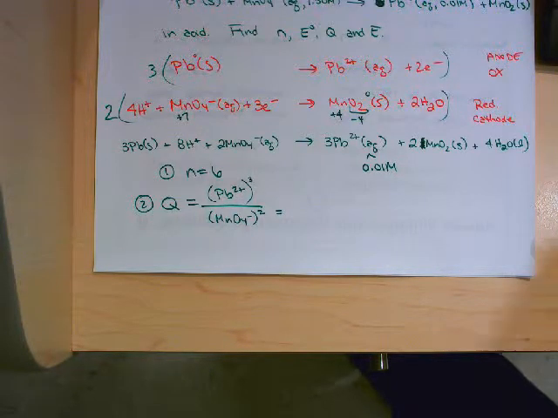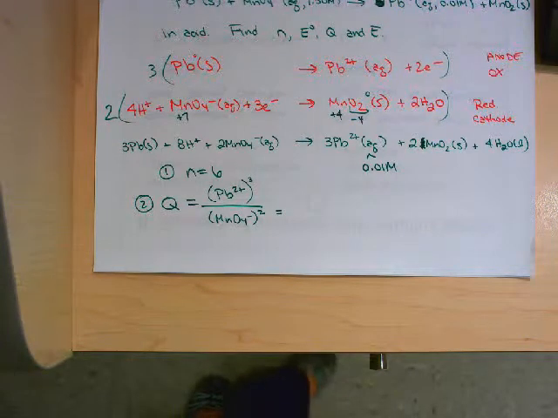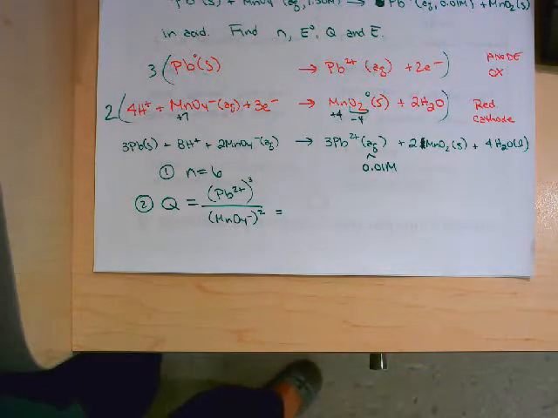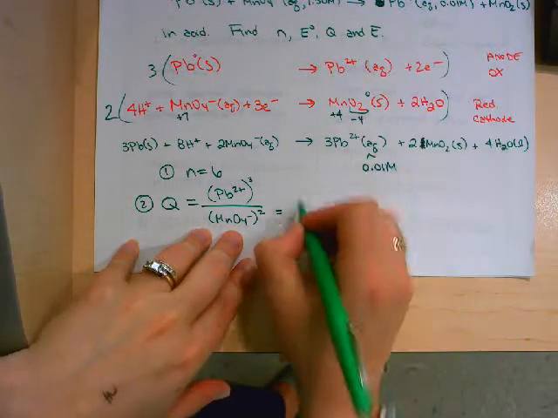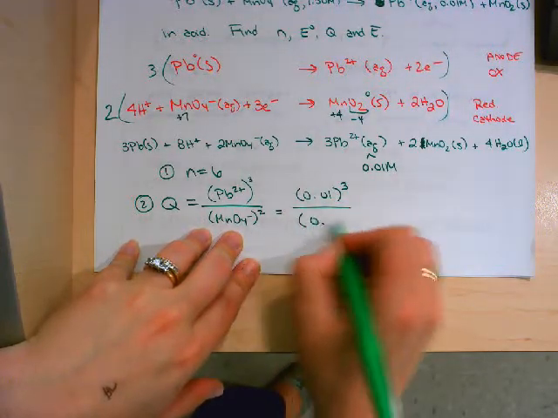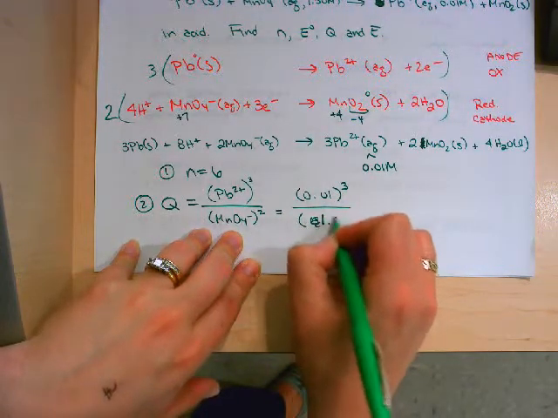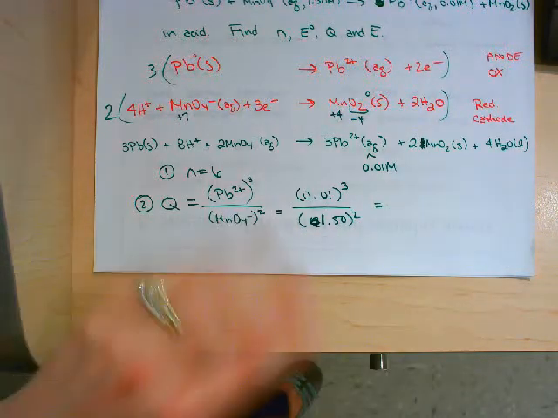Because you need to know how many electrons were transferred, which you could have done by eye if you saw the whole thing with mass balance and charge balance. You can maybe work it out. But let's see, what was that?